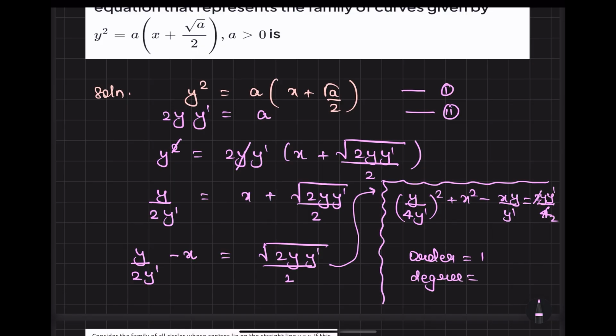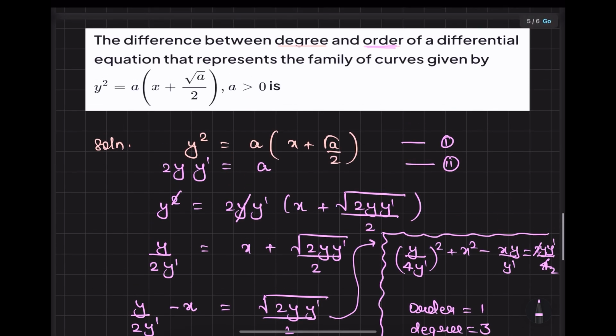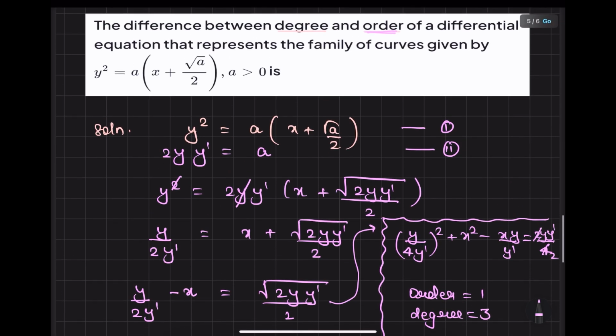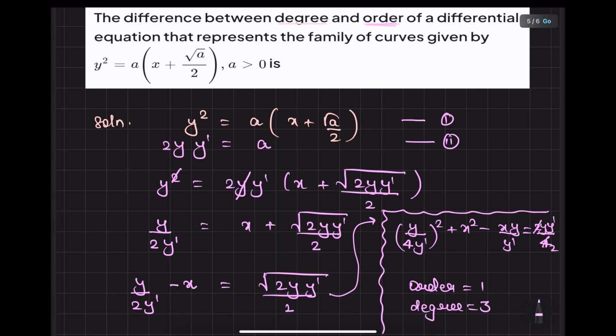Over there we already have dy by dx, so that will become 3. So the highest power of the highest differential will become 3. Therefore the degree will become 3. We need the difference between order and degree, so the required value will become 2.